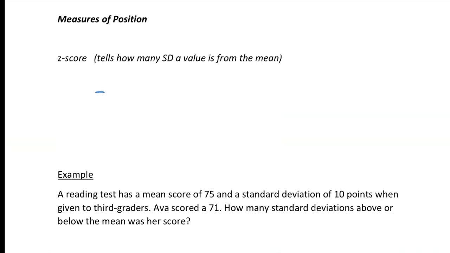The way that we find z is to take the value minus the mean of the population, divided by the standard deviation. So in words: the sample value, the population mean, and then the standard deviation.